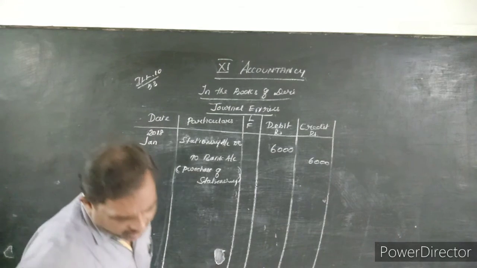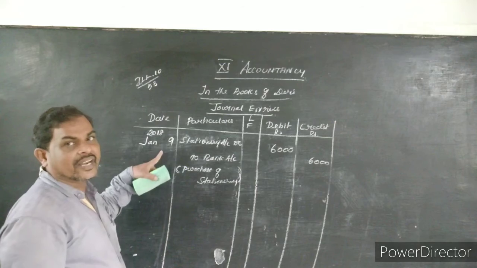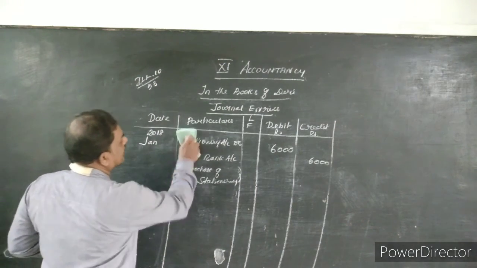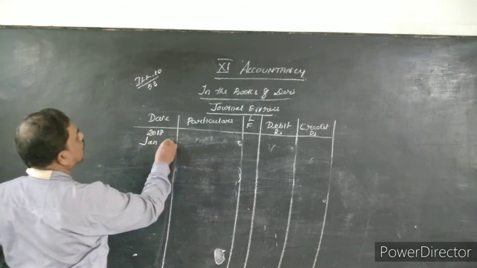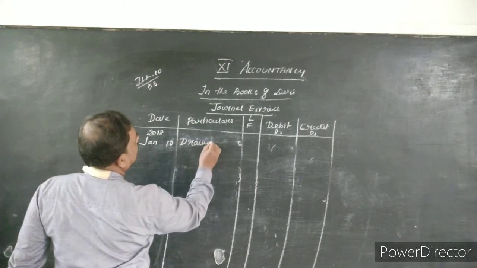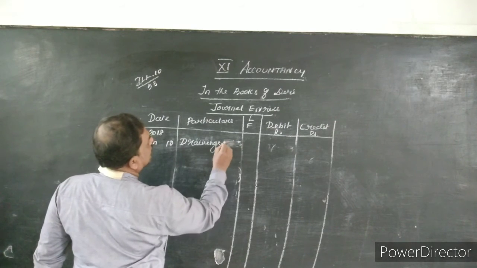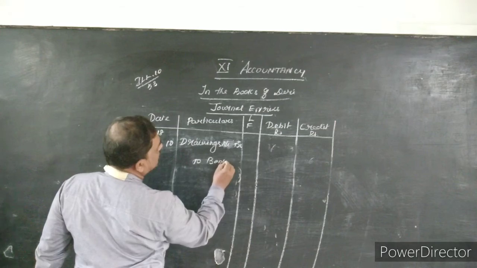So here the last entry is what? Stationery is date 9. Now the last entry is date 10. So on date 10 you put drawings account debit to bank account.